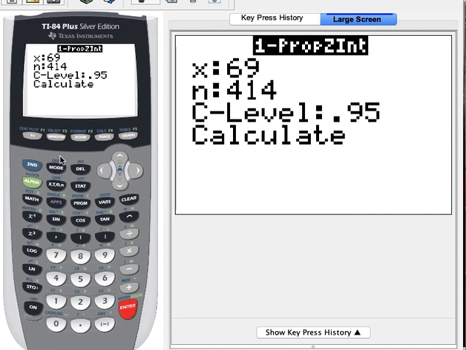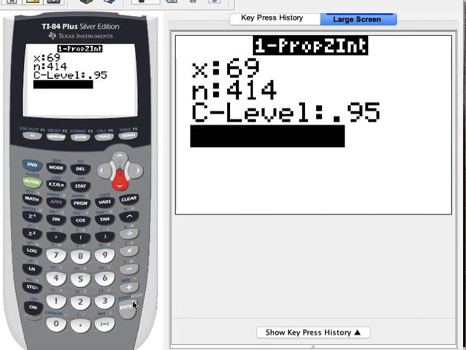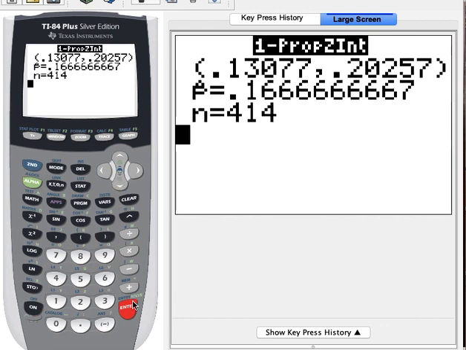And look, the calculator's pretty smart. It's already copied over my number of successes, my number of trials, and the confidence level that we want to use is the 95% level of confidence. If yours does not say 95%, you can just type in 0.95 there. Highlight calculate and press enter, and it'll build the confidence interval for you.